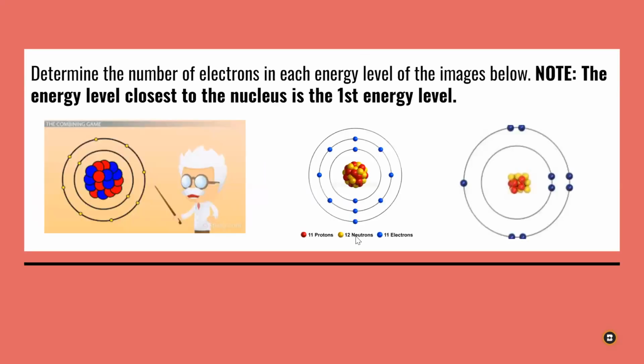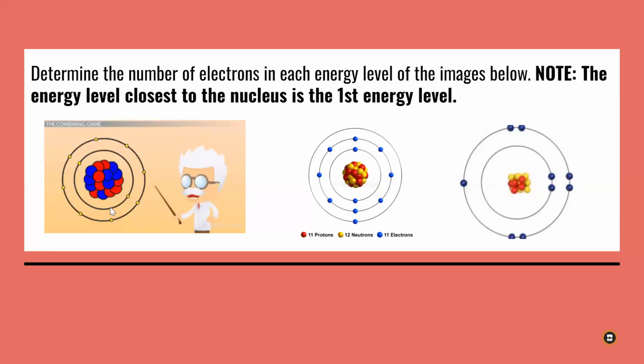Another thing I want you to do now is, in each energy level, write down how many electrons are in each of these energy levels. Think about it. How many electrons do we have in each energy level? Let's do it together.